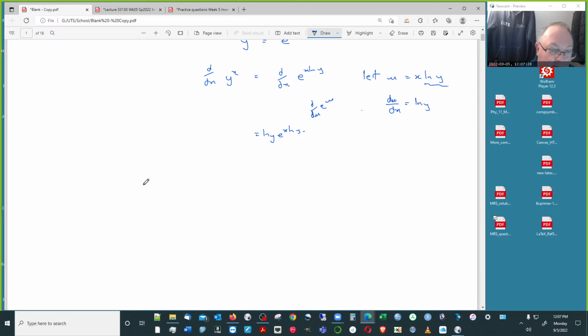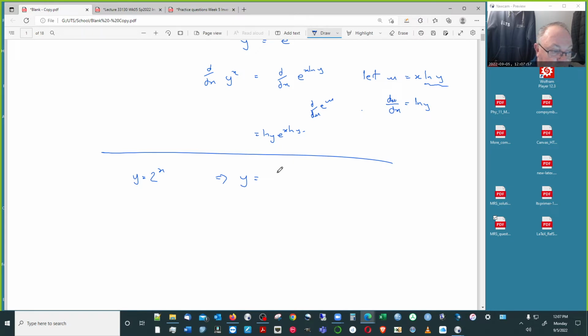So let's try it. Let's try it for this one. Let's say we've got y equals 2 to the x. Use our little method. Okay, what would that look like? That would be an equivalent form. Okay, but this time instead of using ln, we use log base 2.